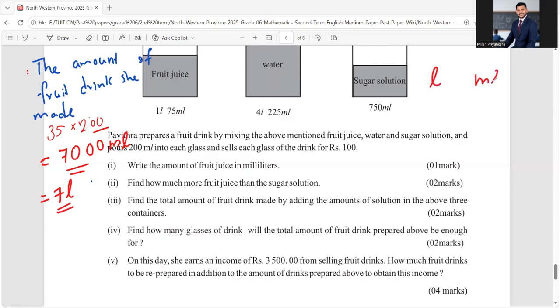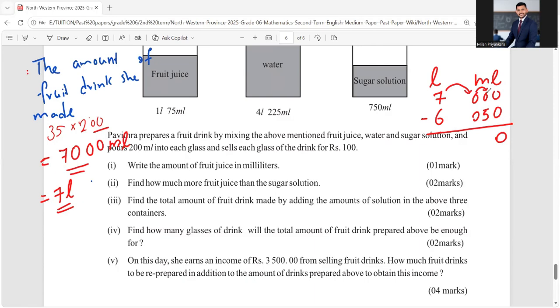So liters, milliliters. On this day, she has made 7 liters and 0 milliliters. On the first day, she made 6 liters and 50 milliliters. So you are supposed to find the difference. That's what they ask. Okay, 0 minus 0 is 0. 0 minus 5 is not possible. You take one from here and another one from here.